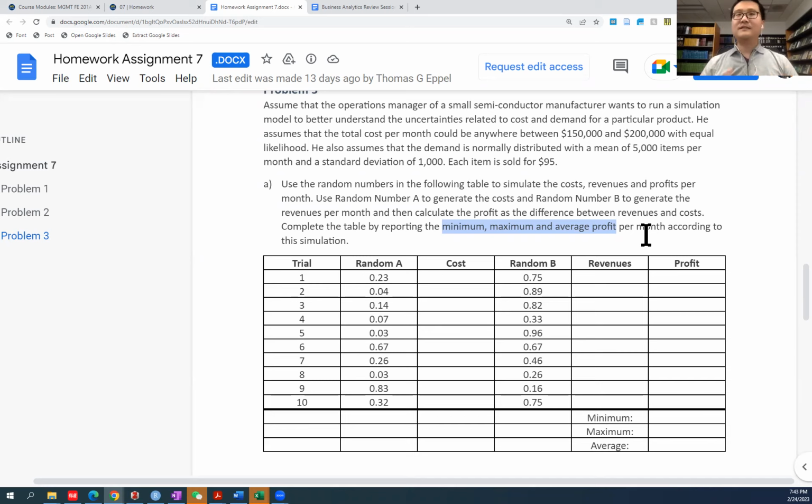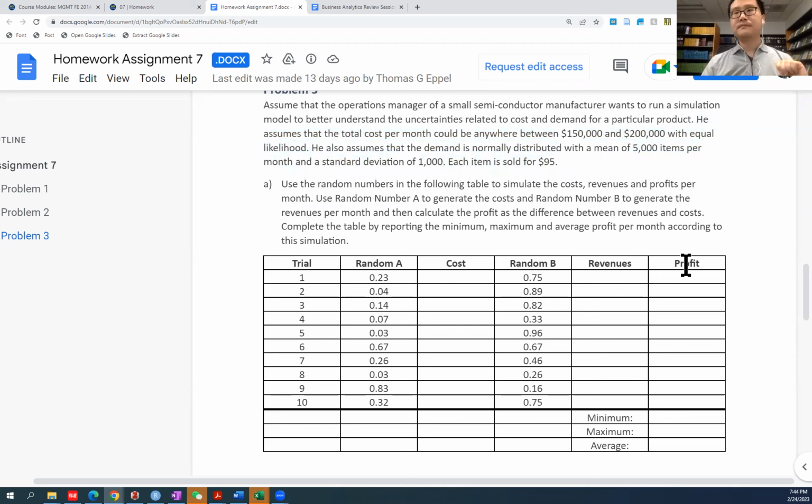To achieve that, we calculate profit based on cost and revenue, and the revenue depends on demand. What we are given are the distributions of cost and demand, and we use those to build up cost and revenue, then use a very simple relationship to calculate profit.